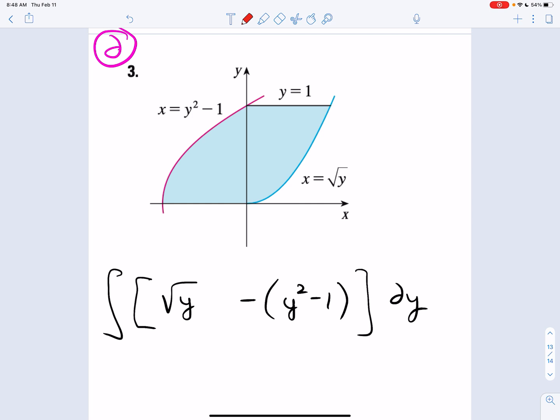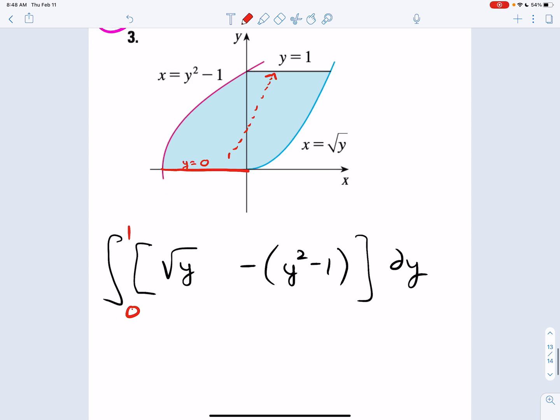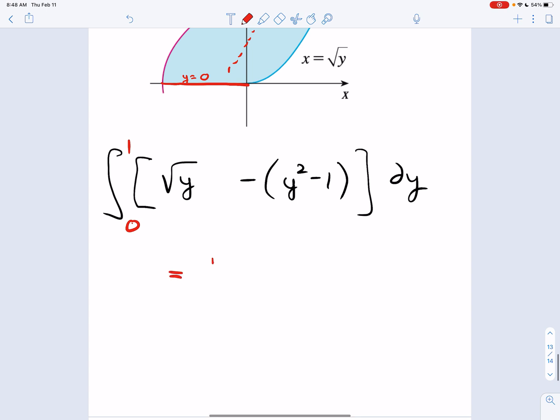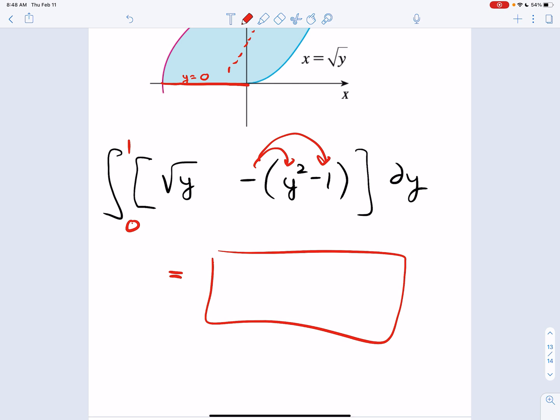Notice how it starts at a y value of 0, and it works its way up all the way to a y value of 1. So those are your bounds. That's probably the toughest part, figuring out your bounds. And then the rest, you guys can type out. I would definitely distribute if you're not comfortable with the parentheses.